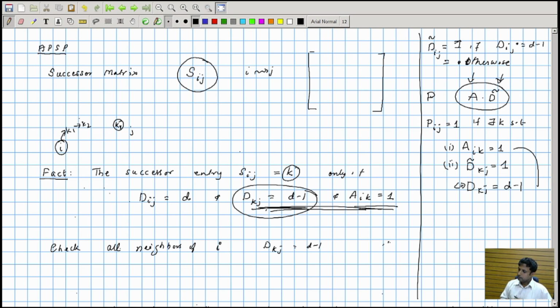But again, we need to construct these witness matrices for every value of d. So d could vary from 1 to n, and there are too many of them to be computed. What we will see is that via a clever observation, instead of computing n different matrices of the form d tilde, we will just compute 3 matrices.